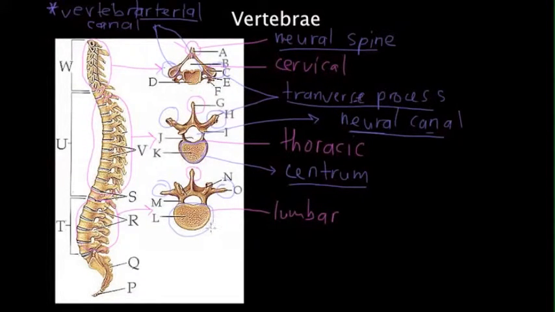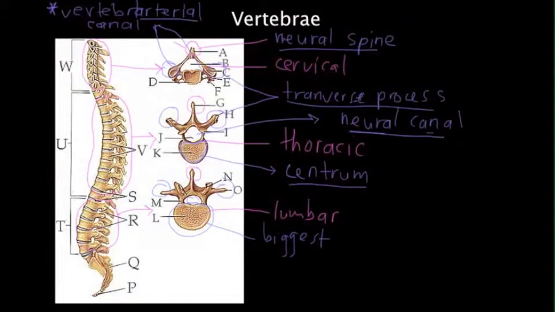So lumbar vertebrae has the biggest centrum out of all the three. So since it has a big centrum, it will have a smaller neural canal. So those are the two characteristics for you to identify lumbar. One is the big centrum, second is the smaller size of the neural canal.